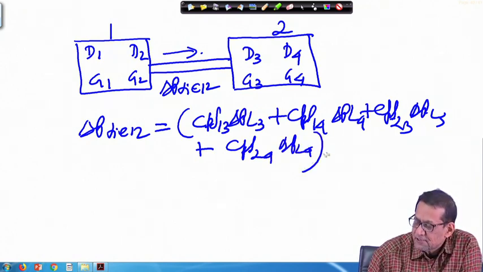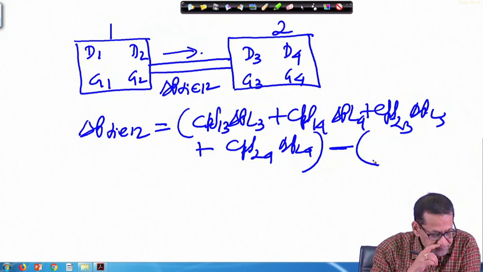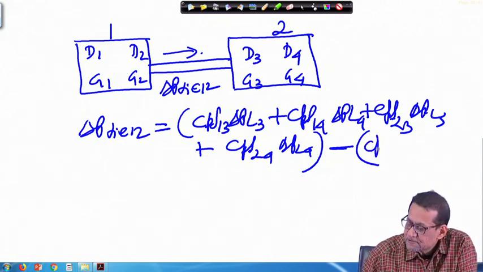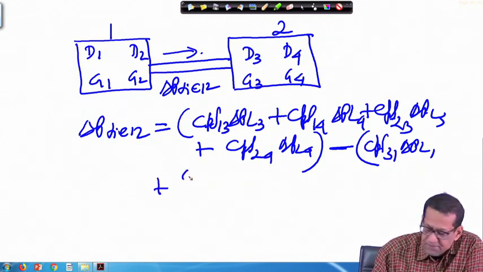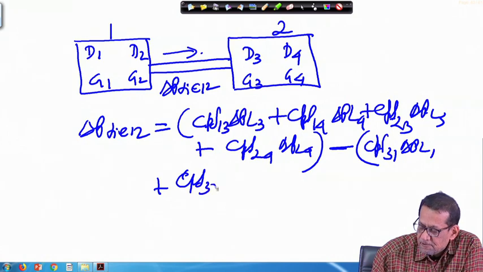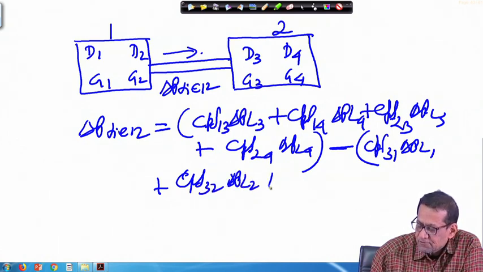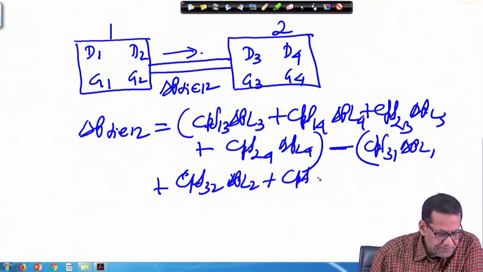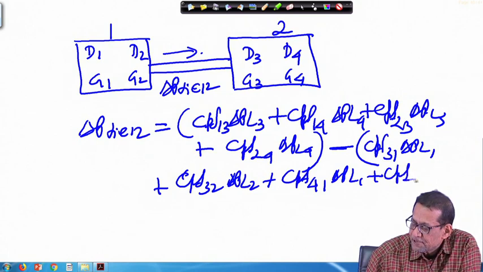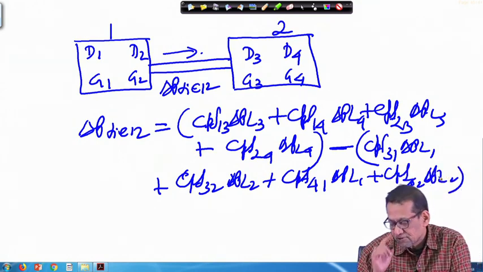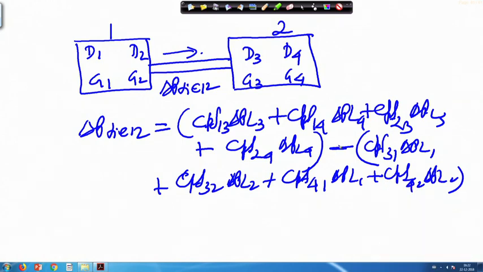This one minus, in bracket, Cpf 3 1 delta PL 1 plus Cpf 3 2 delta PL 2 plus Cpf 4 1 delta PL 1 plus Cpf 4 2 delta PL 2, right. So, this thing we know.